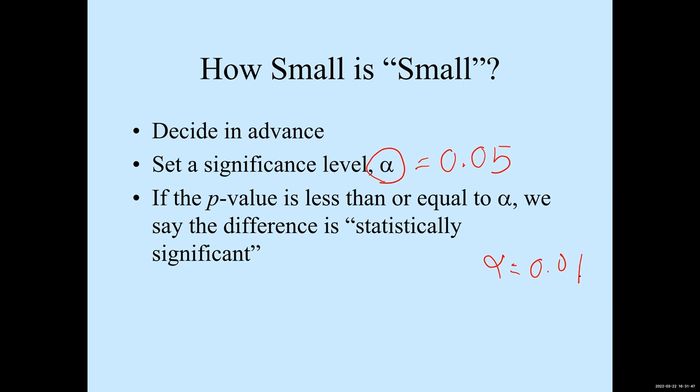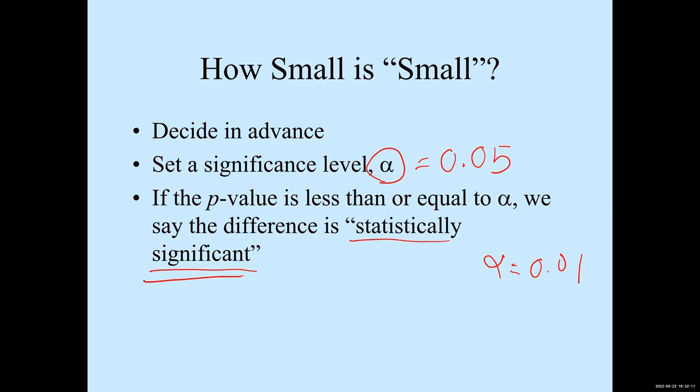If the p-value is less than or equal to alpha, we're going to say that the difference is statistically significant. So if you've been waiting to use this word significant, now is the time. Did we find a statistically significant difference between our hypothesized value and our sampled value? That's what we're going to be able to say.